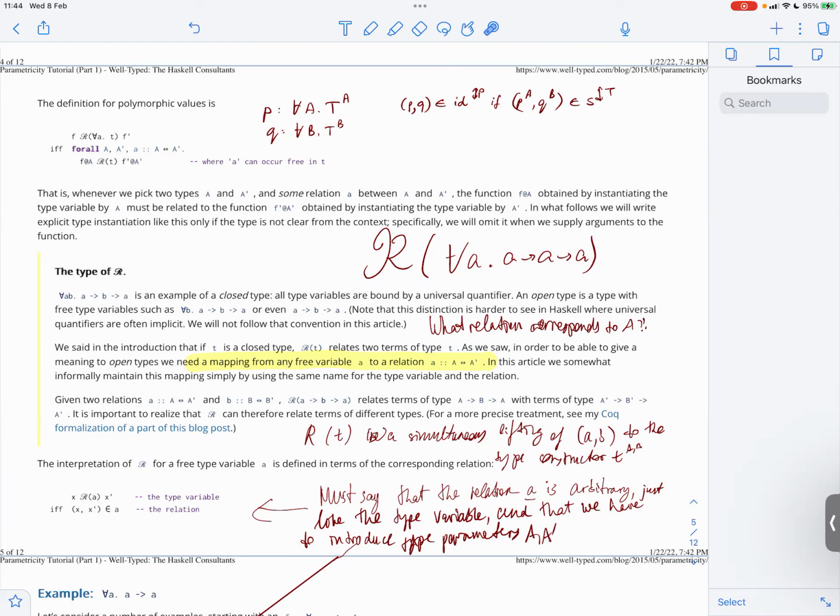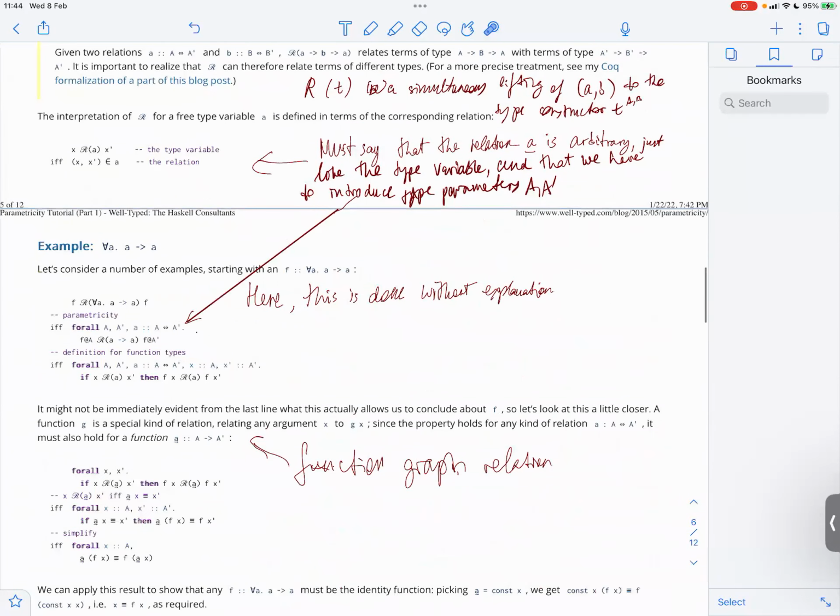So in my tutorial, I believe I found a good guiding principle, which is to lift relations to type constructors. That's the major difference between my tutorial and all other material on relational parametricity.